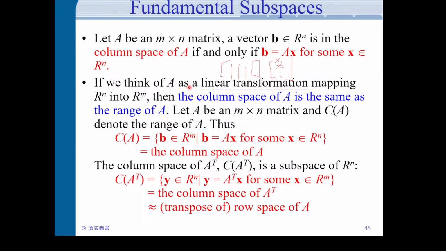If you think of A as a linear transformation, here is where we get a bit of notation trouble. The column space of A in the book is actually written as R of A instead of C of A, but in our slides we use C of A for the column space. In the book, because it's the range of A, remember in chapter 4 we talked about the kernel and the range of a linear transformation.